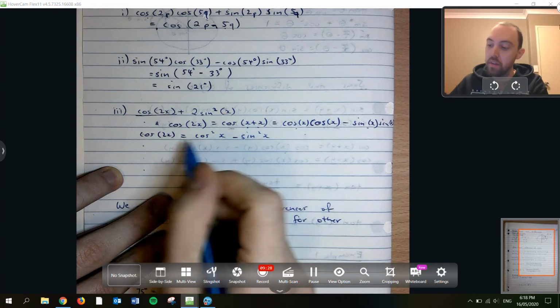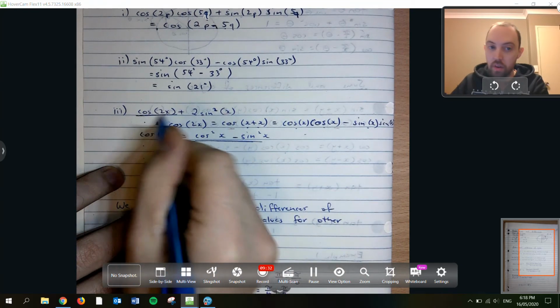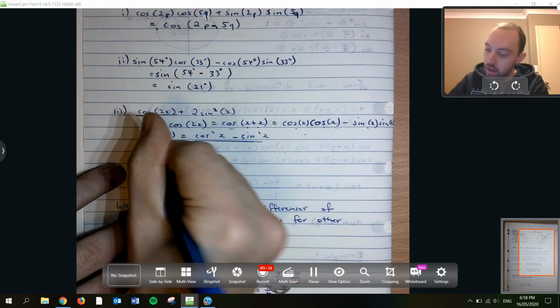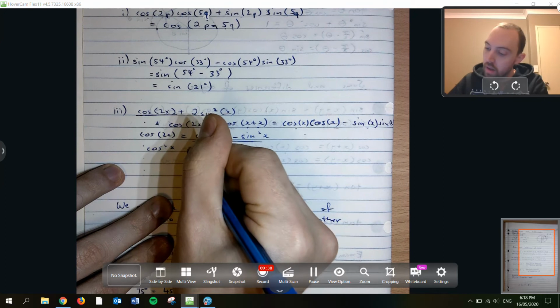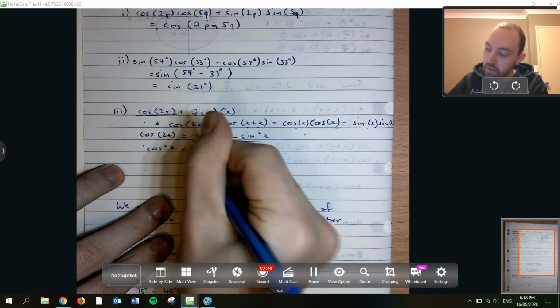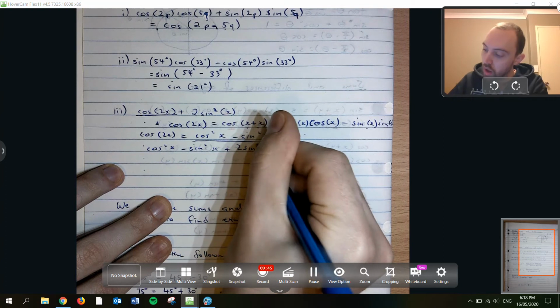Okay, so now we're going to substitute this in place of cos of 2x. And I get cos squared x take sine squared x, add 2 sine squared x.